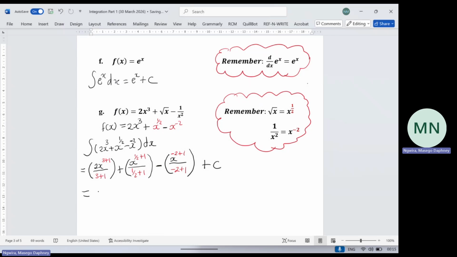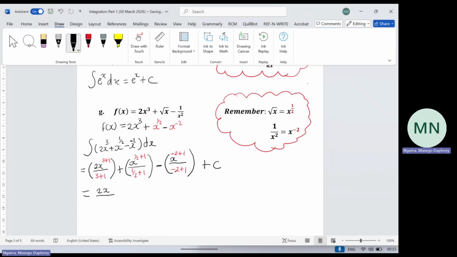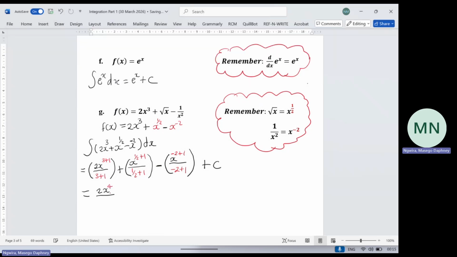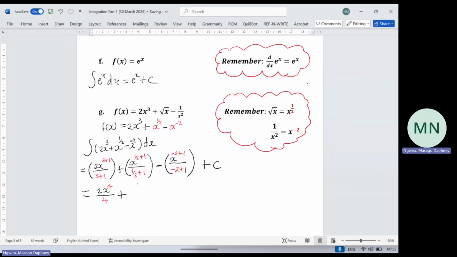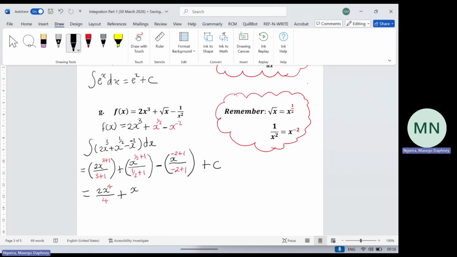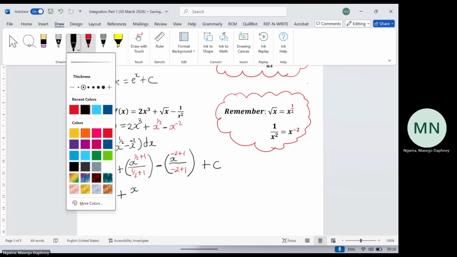So we are going to have 2x to the power of 4 over 4, because 3 plus 1 is 4. And then we say plus, then this will be x to the power of 1 over 2 plus 1, which is 1.5, which is 3 over 2.